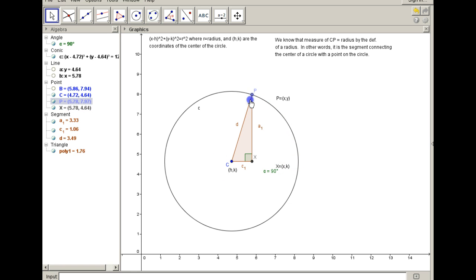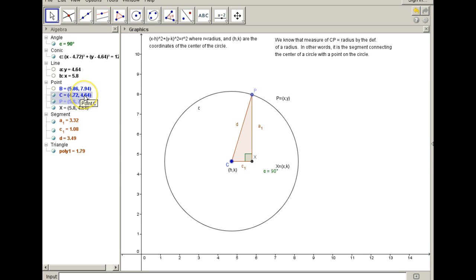And wherever I move this, let's verify that that's the case. Over here, I've got point P. Point P is at 5.8 on the X-axis. And guess what? Point X is also at 5.8 on the X-axis. They remain constant. How about C and X over here?